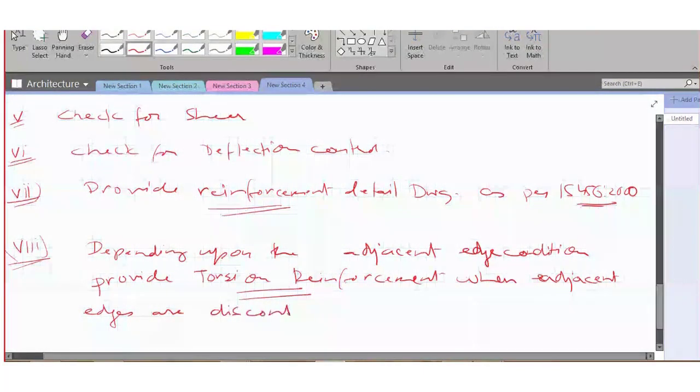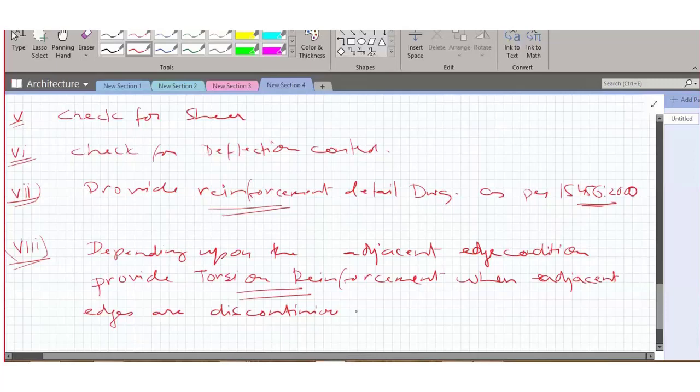If you find the adjacent edges discontinuous, you have to provide complete torsion reinforcement.